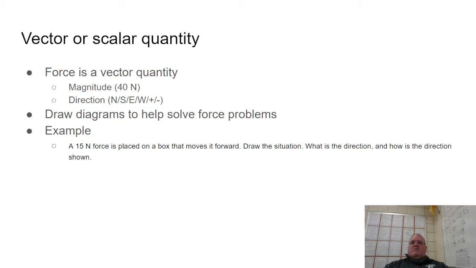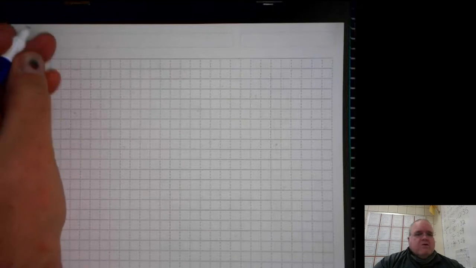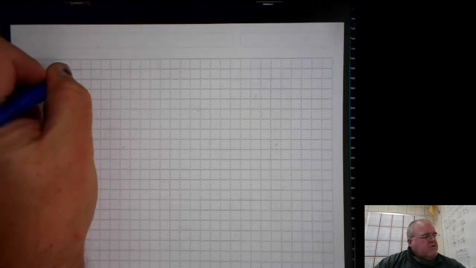One of the things we need to do is learn to draw some diagrams to help us see what's happening, and that's what we're going to be doing some of today. So I'm going to go back to my document camera, and we've got a problem with a picture to draw.